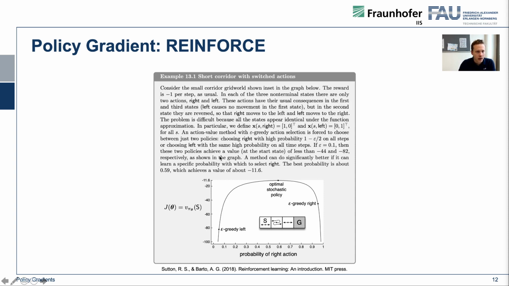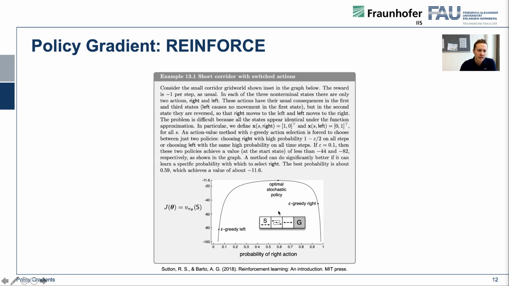This is an example from Sutton and Barto's Introduction to Reinforcement Learning book, and you have a simple small environment. It's very similar to what we have seen in the policy based RL intro video. You have a short corridor where you have a start state in here and a goal state in here, and it has a special cell in here where it is doing a switching operation.